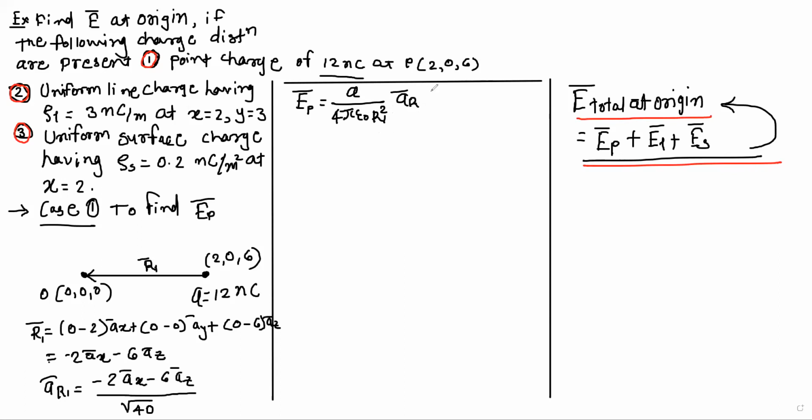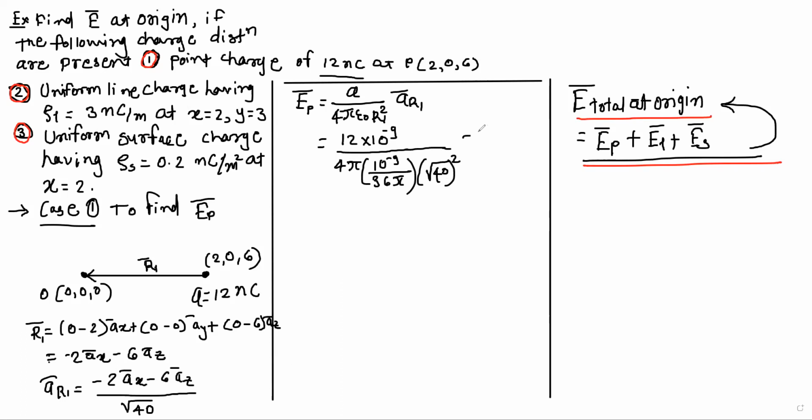The value of Q is 12 nanocoulomb, so 12 into 10 raised to minus 9 divided by 4 pi epsilon naught. 4 pi epsilon naught means 10 raised to minus 9 upon 36 pi. And what is the value of under root 40 bracket square? That means you can write directly 40.